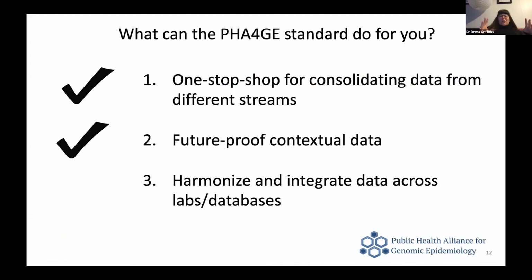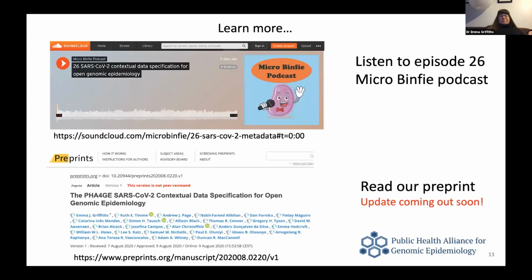So that will help you, even if you're not sharing any information, remember what everything means down the road when you go to use that data again for different analyses and for different purposes. And finally, of course, when everybody's using the same standard, it helps to increase interoperability. So that helps to harmonize and integrate information across different labs and different databases.